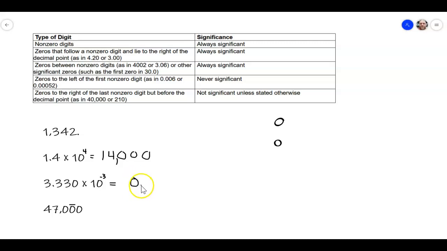So this is going to be 0 point, and I'm going to have 2 zeros before that first 3. So 3, 3, 3, 0. And now my rightmost significant digit is this one right here.